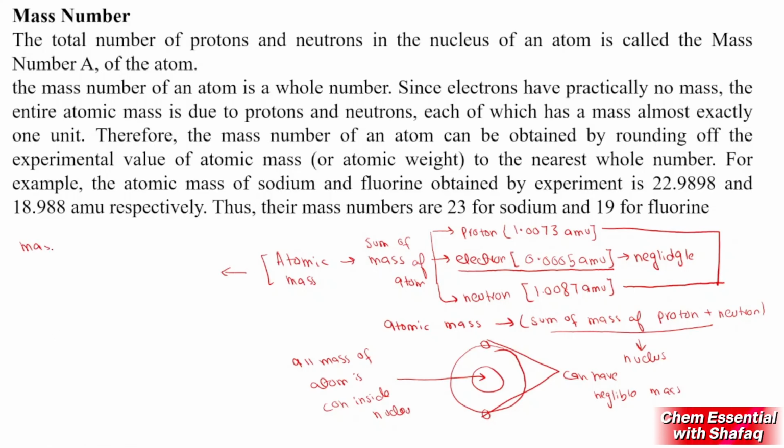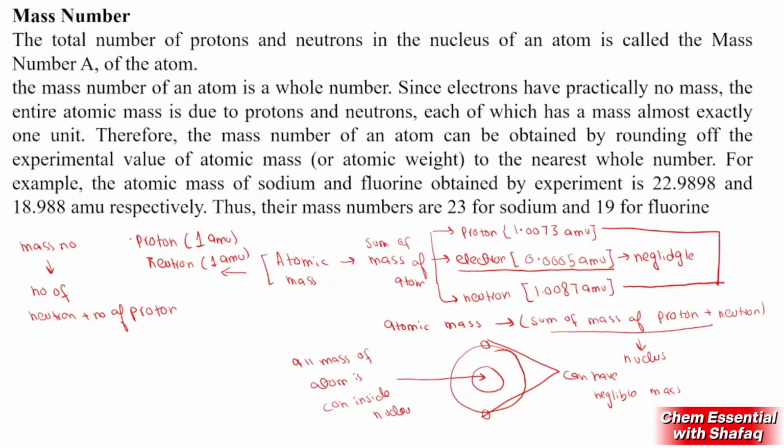Mass number represent कर रहा है number of neutrons plus number of protons को. ठीक है. अब देखिए, अगर हम प्रोटॉन को कंसिडर करें, प्रोटॉन का रिलेटिव एटॉमिक मास 1 एटॉमिक मास यूनिट है, और न्यूट्रॉन का भी मास तकरीबन ऑलमोस्ट 1 एटॉमिक मास यूनिट ही बनता है.